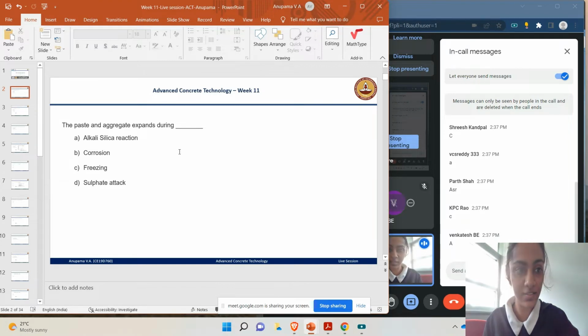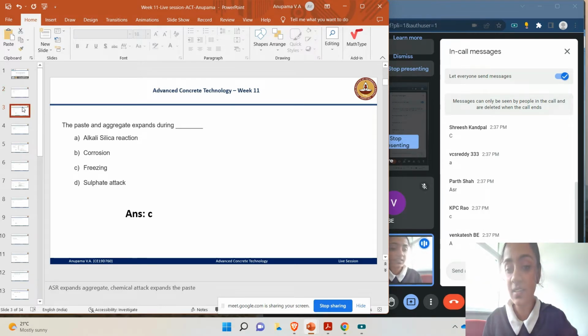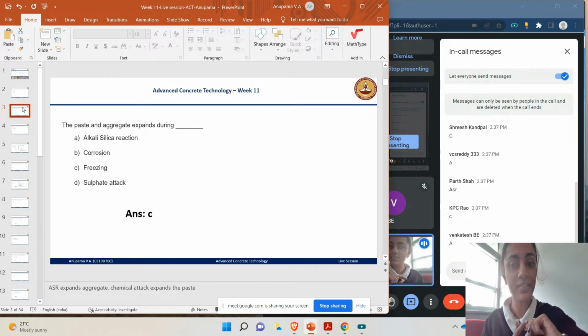Okay, let's move to the answer. I hope that's all the replies I'm getting. The correct answer is freezing. It's not alkali silica reaction. Why? Because in alkali silica reaction, it's the presence of siliceous aggregates, and it expands the aggregate, not the paste. The question is that paste and aggregate have to expand, so it's not alkali silica reaction.